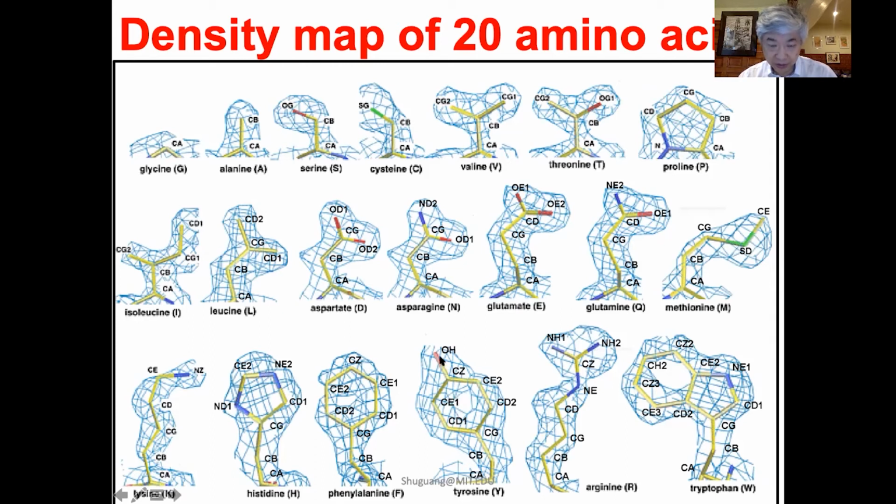Tyrosine has a red here, but it bears no charge, just like alcohol, just an OH group here. So this pair is also very similar. The only difference between those two is one extra OH group here. So this is one pair, this is another pair with similar amino acids, and this is a third pair.